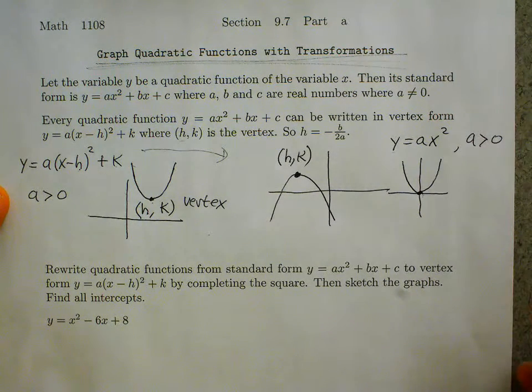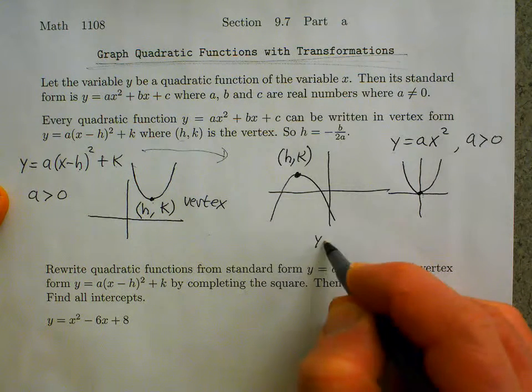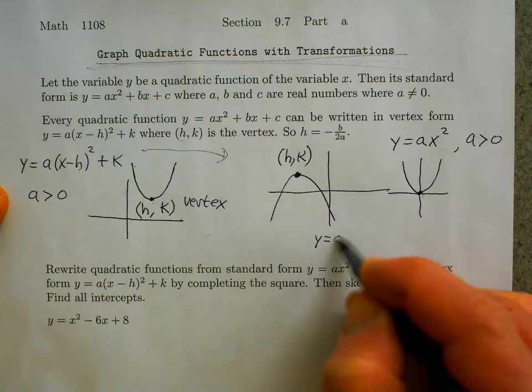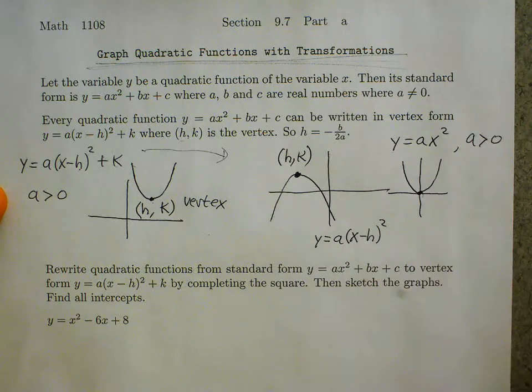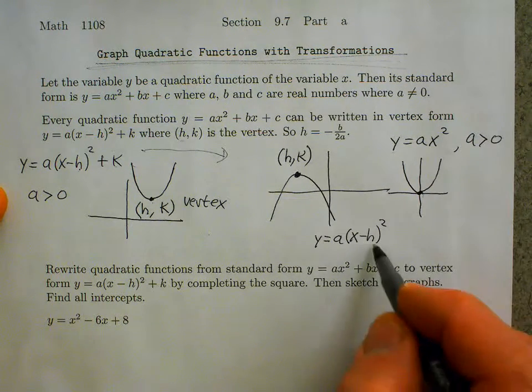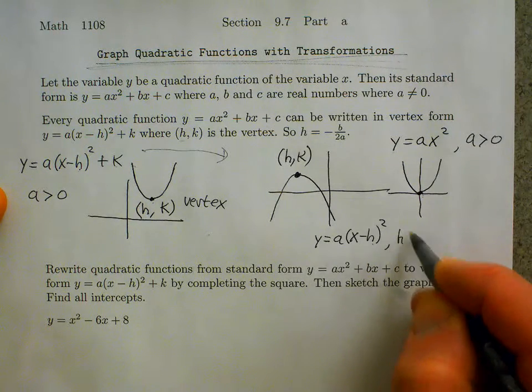Then if you write y equals a times x minus h squared, let's assume in this example that h is positive.